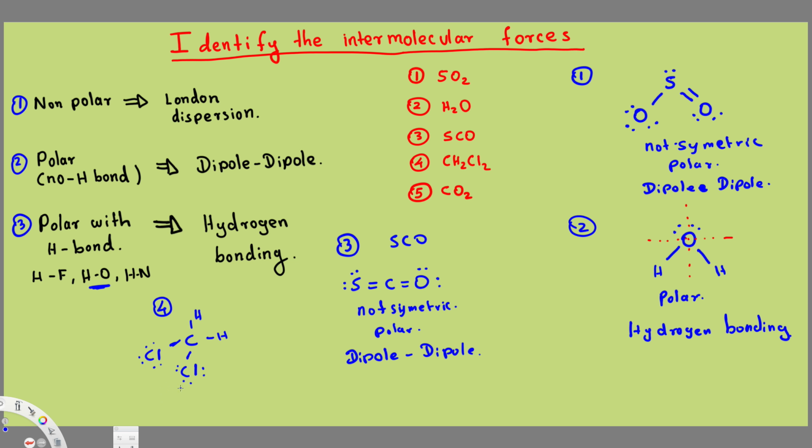Okay, it's going to be like this. And if you look at this, it is not symmetric, right? Not symmetric. Therefore, this is polar. And then do we have any hydrogen bonding? We don't have any hydrogen bonding. So this is dipole-dipole.